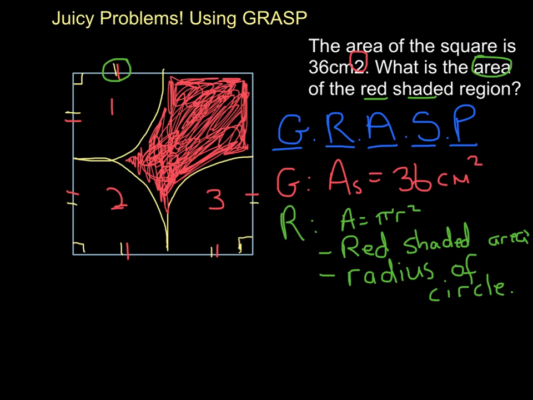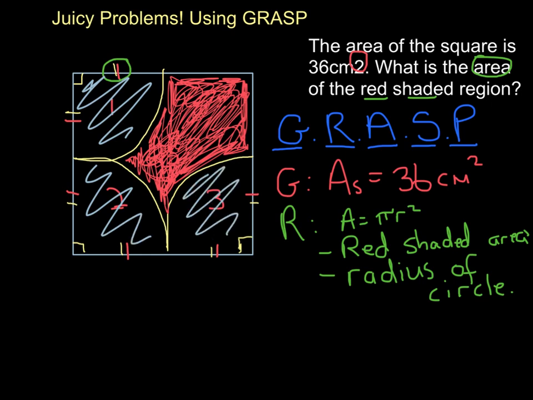So I'll highlight them here. The area of 1, the area of 2, and the area of 3. So we're also required: area of the 3 circle sections.